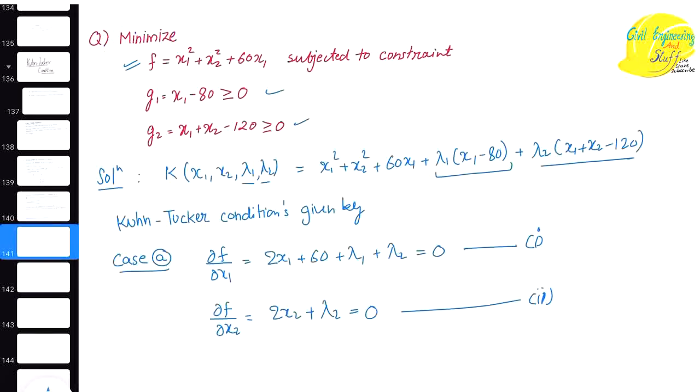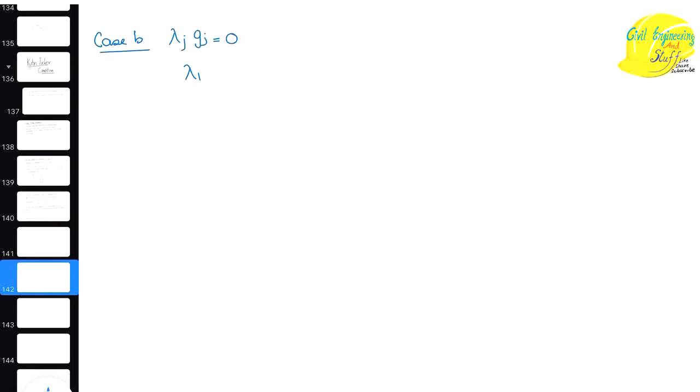Okay, so let's form case 2 or case B. So we will have lambda 1 with constraint 1. Constraint 1 is this one, g1, x1 minus 80 equal to 0.